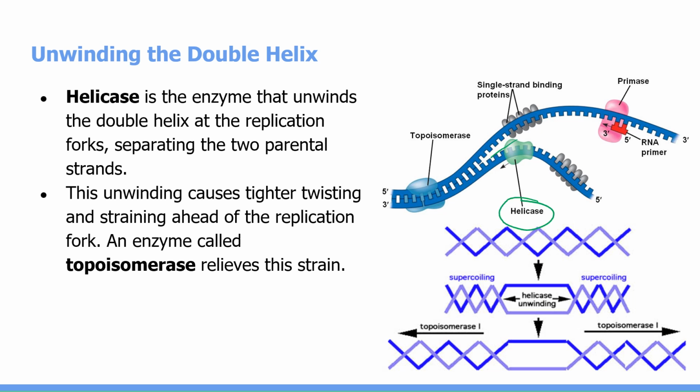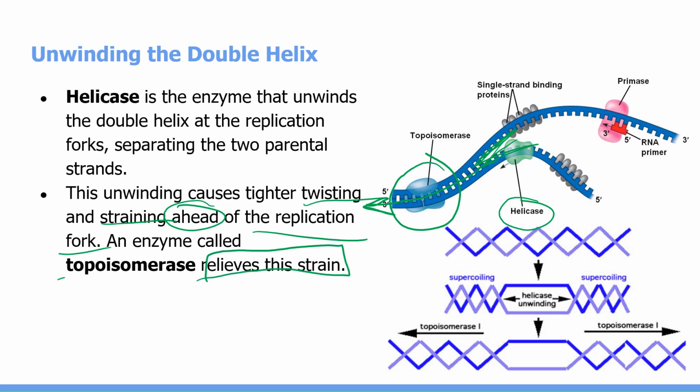Helicase unzips the DNA, and that unzipping causes twisting and straining ahead of the replication fork as seen here. The direction is going this way, and we have topoisomerase in front of that replication fork, relieving the strain of the unwinding of the DNA helix.